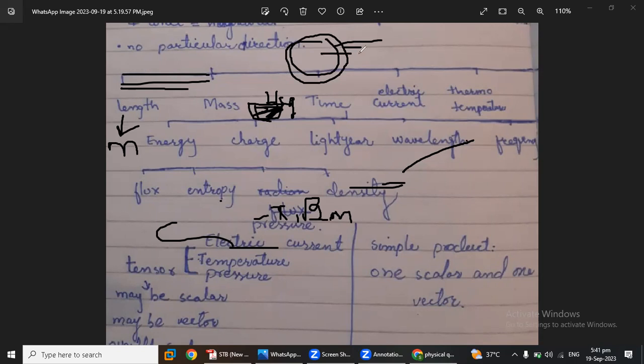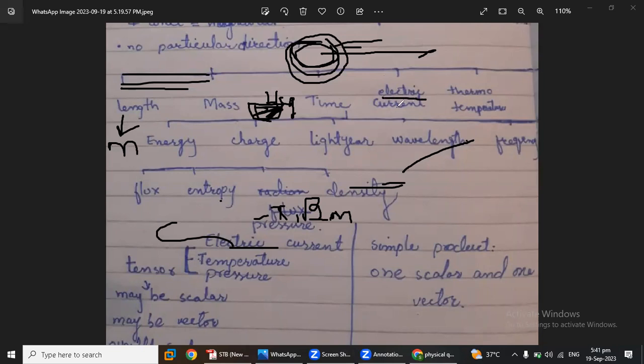Time keeps going in the universe, it is an independent quantity, and always moves. It does not depend on anything, no direction. So that's why time is a scalar quantity.